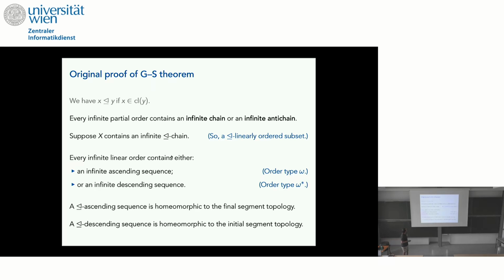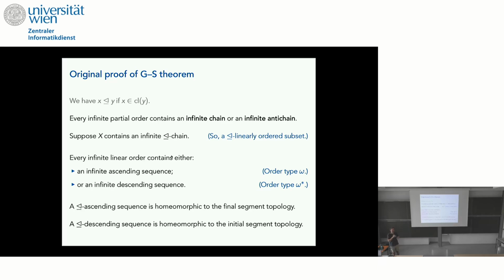Right? Okay, so again, let's consider the two cases separately. First, let's think we have an infinite chain. So that's a linear order, right? That's a linear order under this partial order. Okay, then we have two further subcases. So if you have an infinite linear order, it's just a nice result, right?